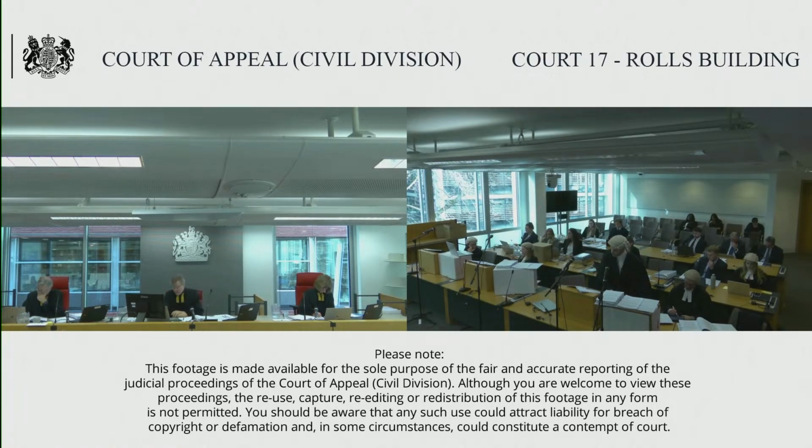If I could ask the court to return to the judgment, which is Core Bundle tab 1, page 40. So the judge comprehensively set out the law on genuine use at paragraphs 145 to 152.